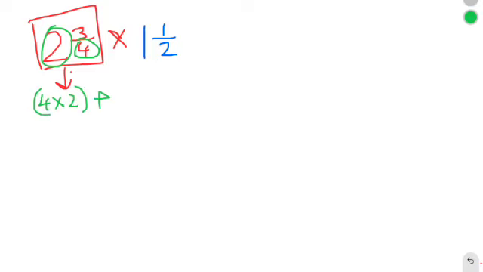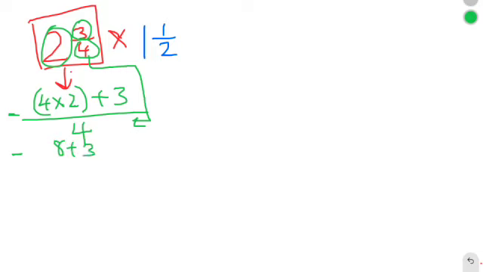Then we add this number. And that's all over our denominator of 4. Okay, so if we work it out, 4 times 2 is 8, plus 3 divided by 4, and that's 11/4.